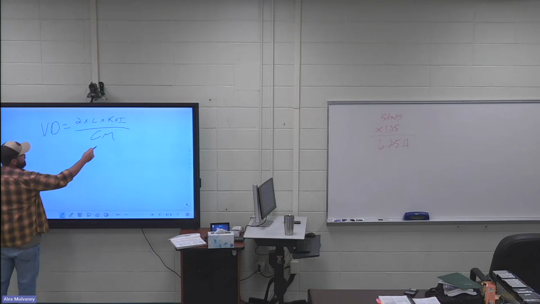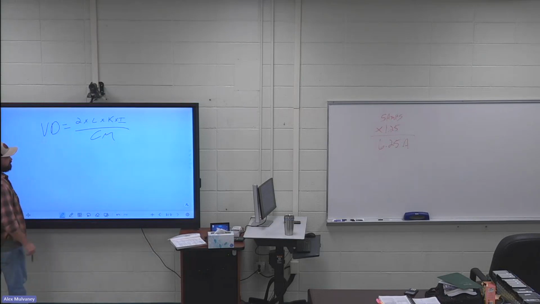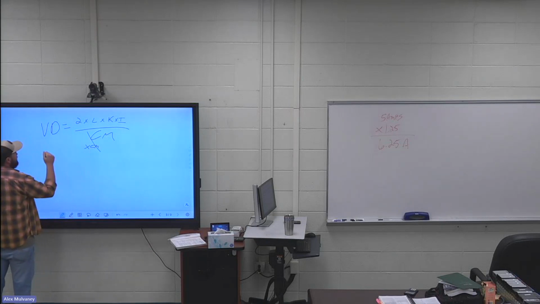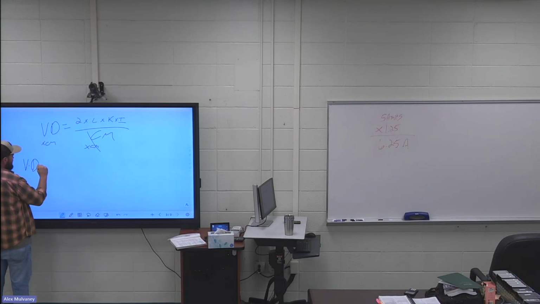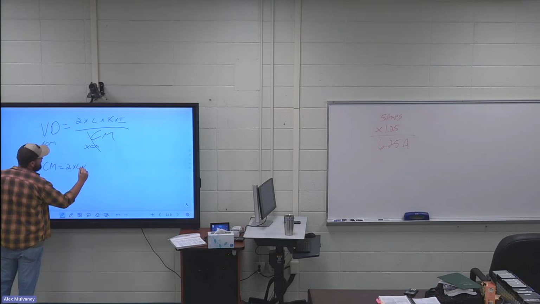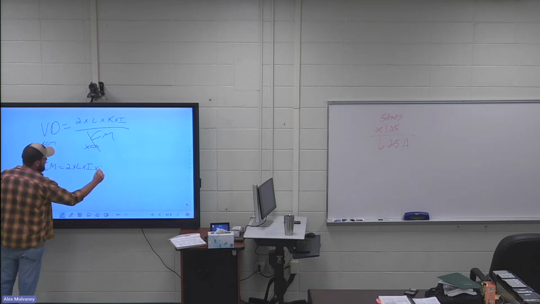If I wanted circular mills to go over here, how do I get it over there? I remember, y'all should know this, high school math. Multiplying it. So I would multiply by circular mills. That would cancel out. So voltage drop times circular mills is equal to 2 times L times K times I.